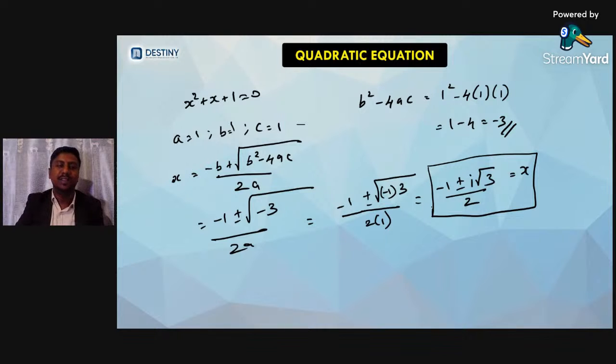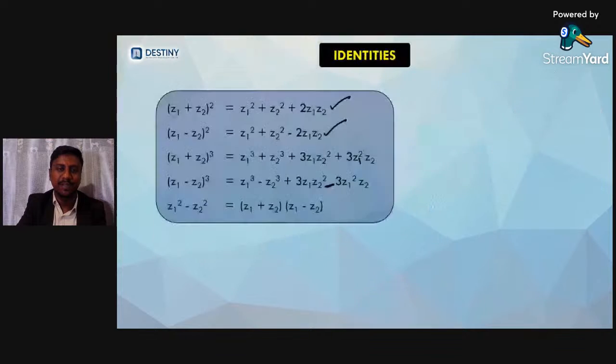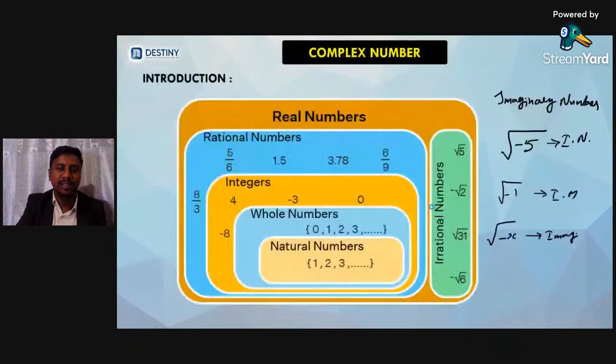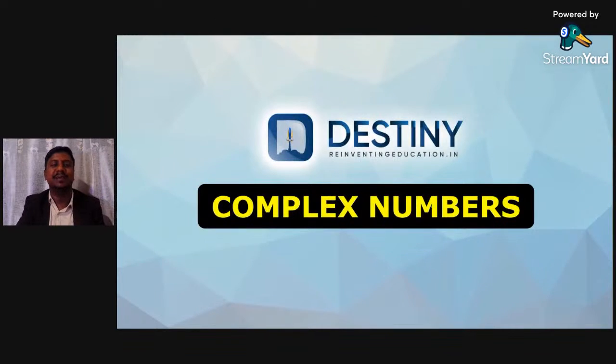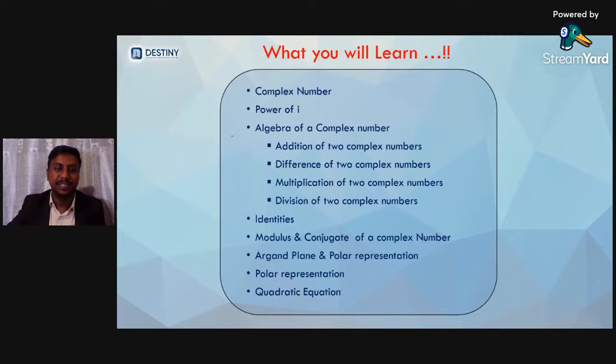So what we have learned in today's class? In class நம்ம என்னென்ன கத்துக்கிட்டோம்? We have learned the entire chapter about complex number. That is complex numbers na என்னன்றதை பார்த்துட்டோம். Power of i different values பார்த்துட்டோம். Addition, subtraction, multiplication, division பார்த்தாச்சு.